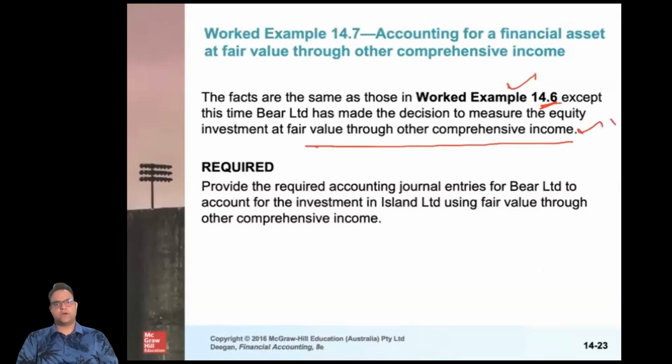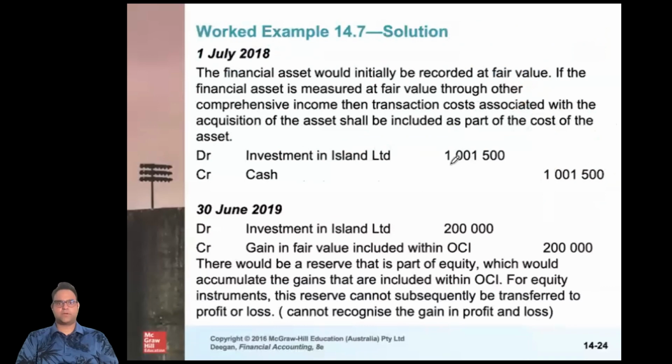How are we going to solve the same question? In this case, we take the brokerage costs as part of the investment, and we debit the investment with the cash. In future, whenever there is a movement in the equity, like an increase, since this is a share price, it means it is equity rather than debt.